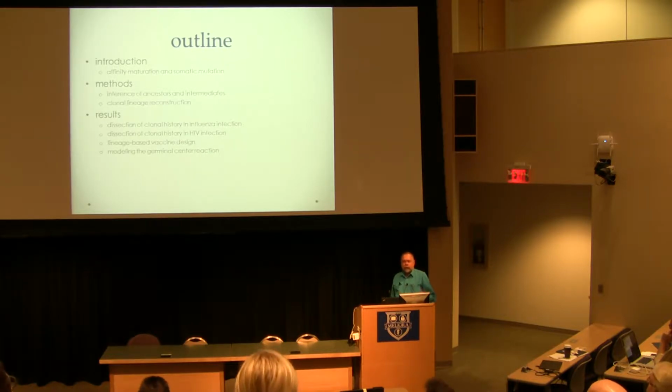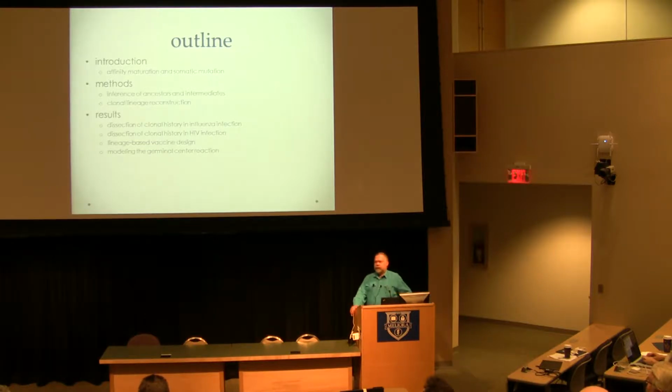So what I would like to try to get through is first to introduce you to affinity maturation and somatic mutation in a little bit more detail. Then I'm going to describe to you the computational, mathematical, statistical methods that we've developed in order to study these processes. And then I'll present to you the results.